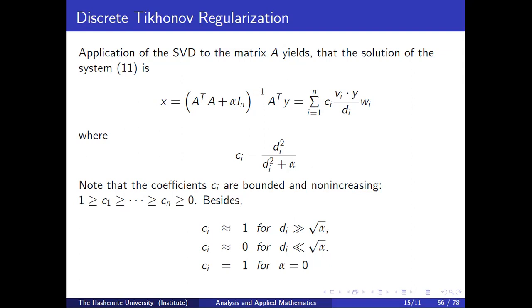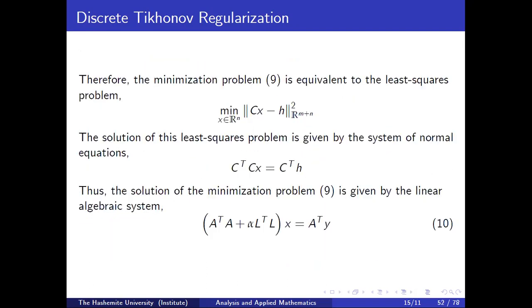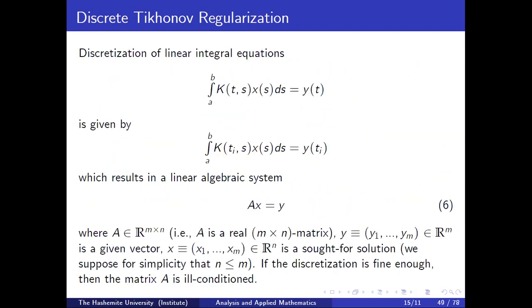So this is a simple example of how to use regularization, because linearizing this problem, which is solving a linear integral equation, we need to use collocation and then approximate the integral by a quadrature technique. We have a linear system, and maybe A is not a square matrix.